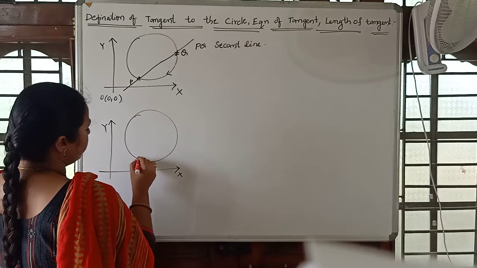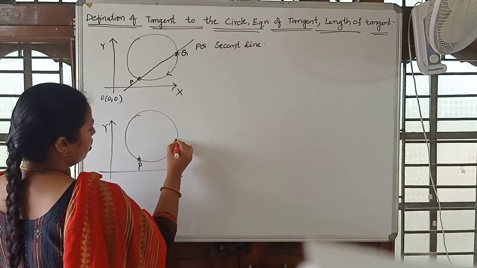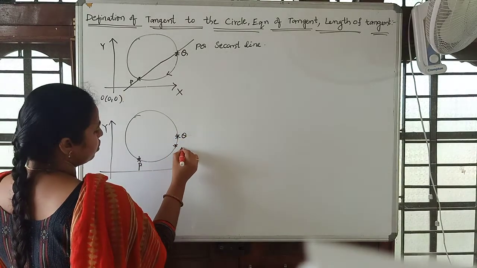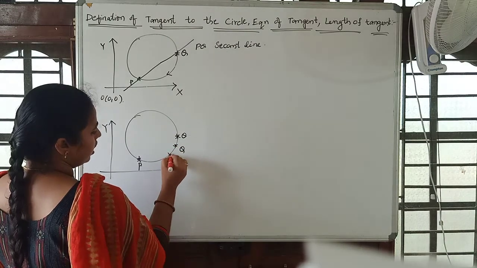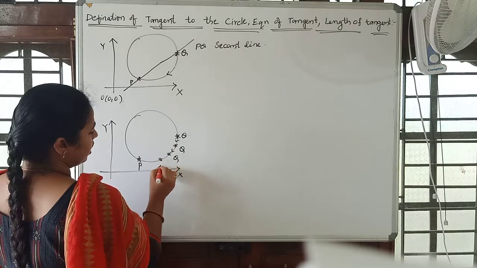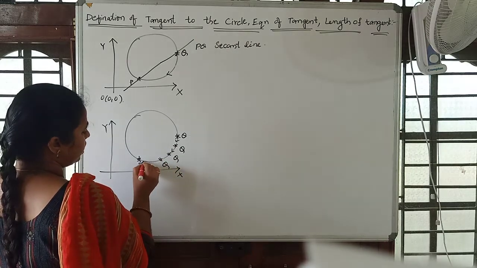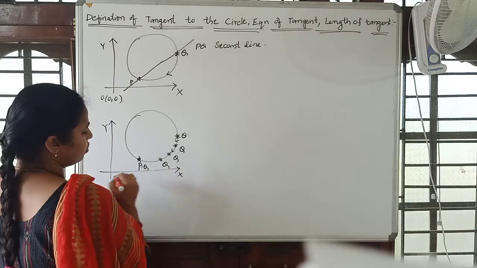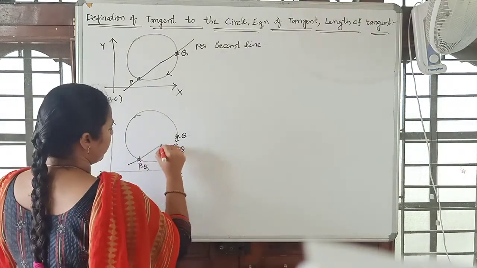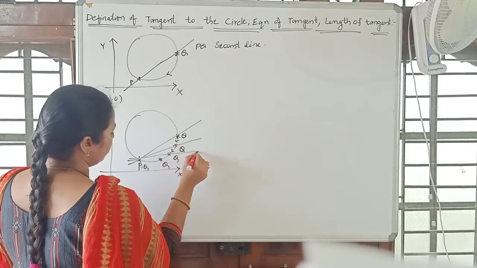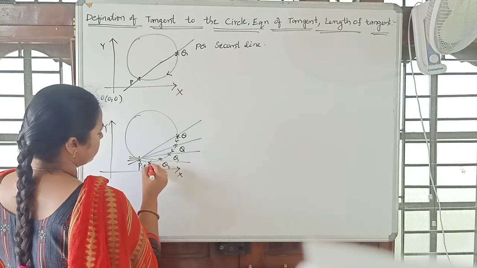Now P will be a constant position. Now Q is initially here. Now when it is moved to here and moved to here in this direction, continuously moving, it reaches P. That is, initially the line is here and it approaches in this direction.